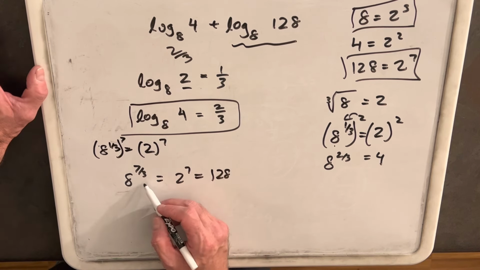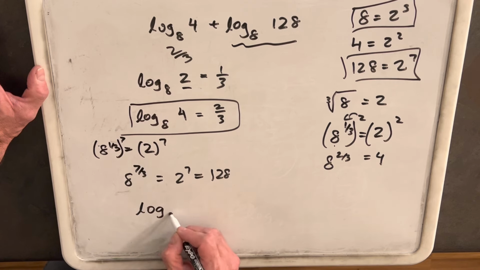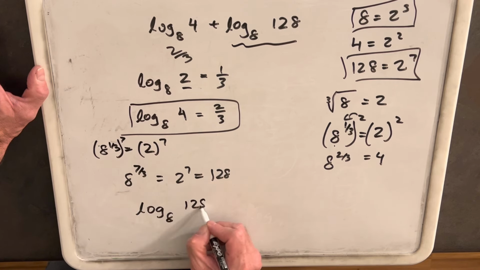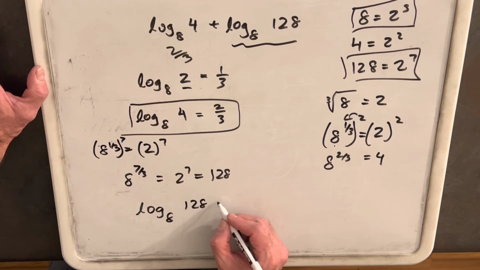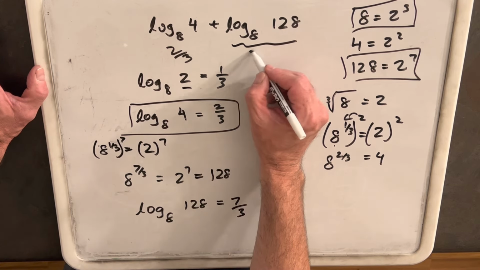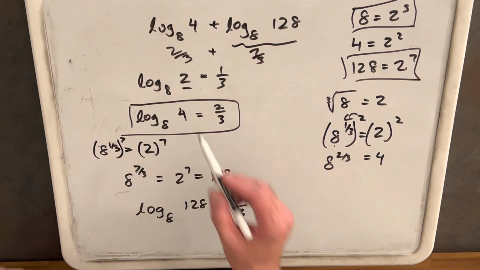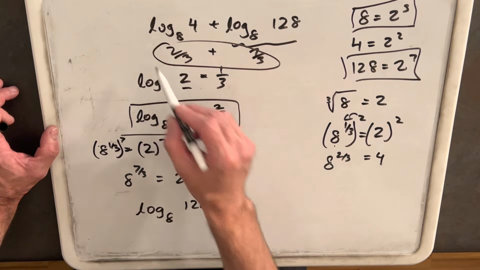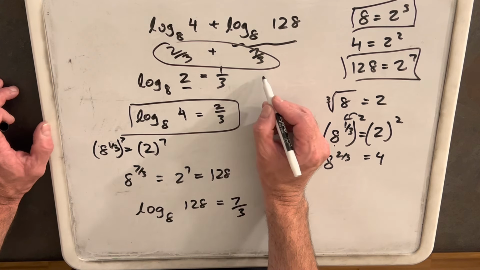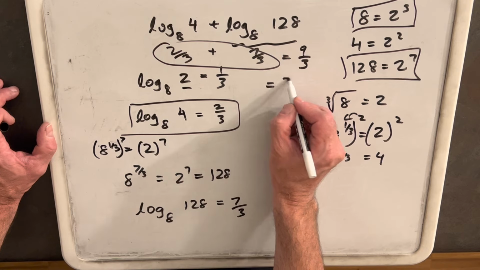So putting it back into log form, log 128 base 8 is going to be 7/3. So this piece here is 7/3. So then all we need to do is add those two pieces together, and 7/3 and 2/3 is 9/3, but that's just equal to 3.